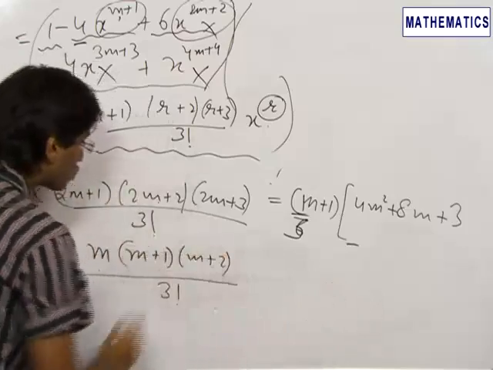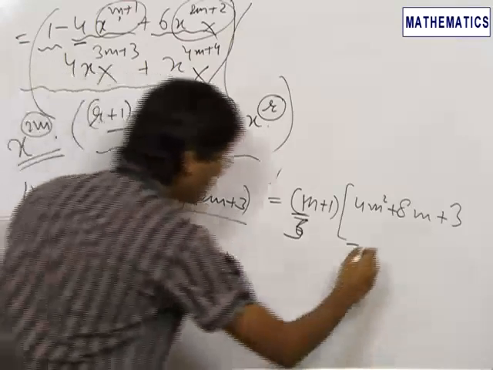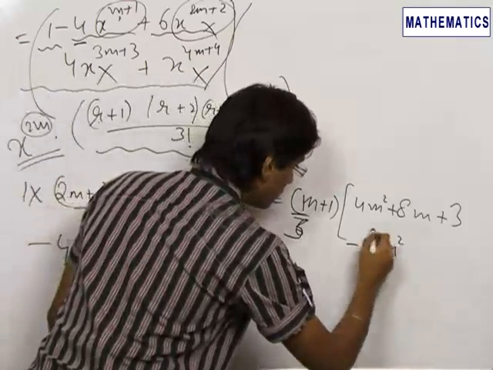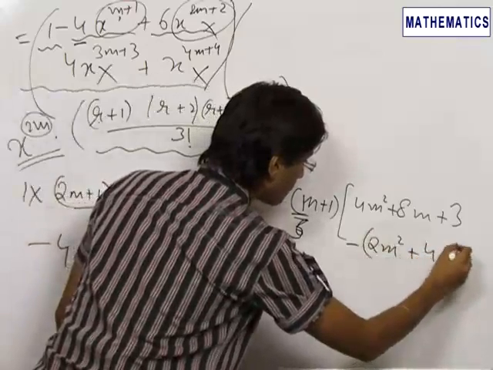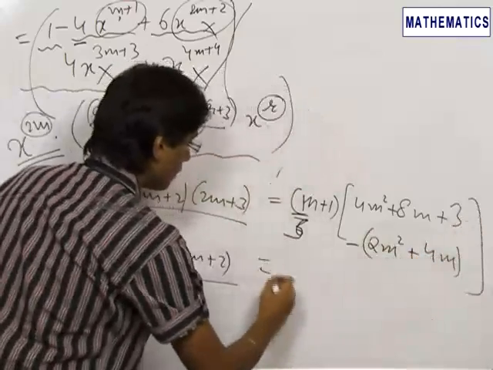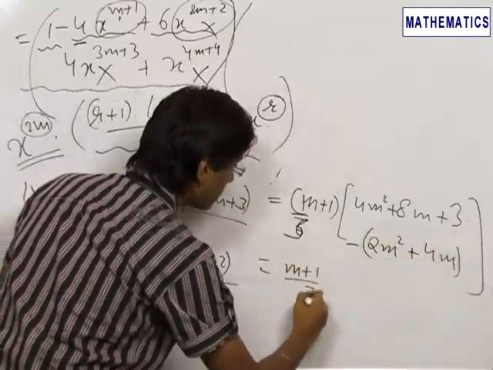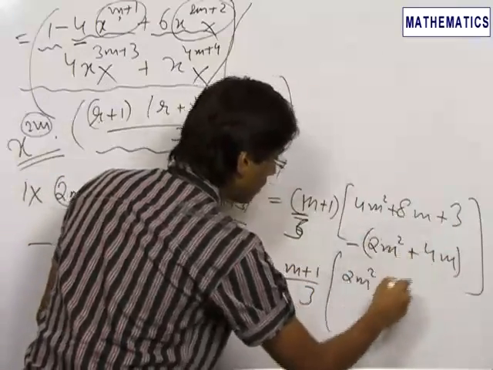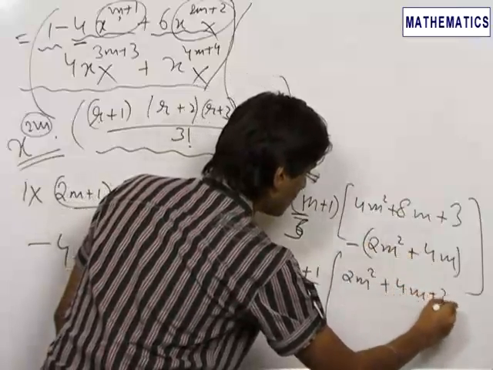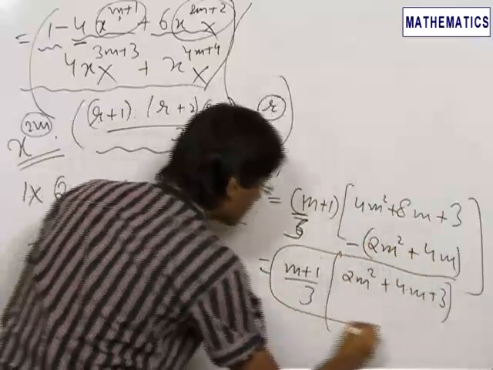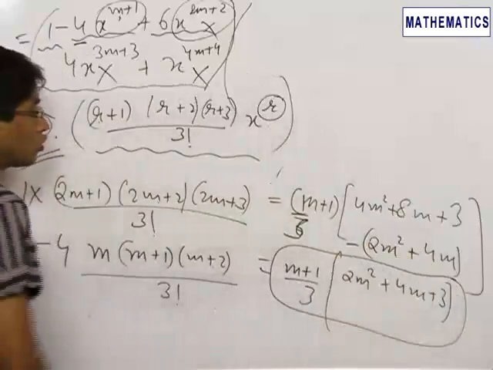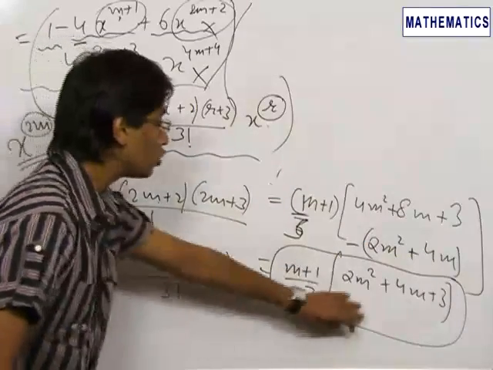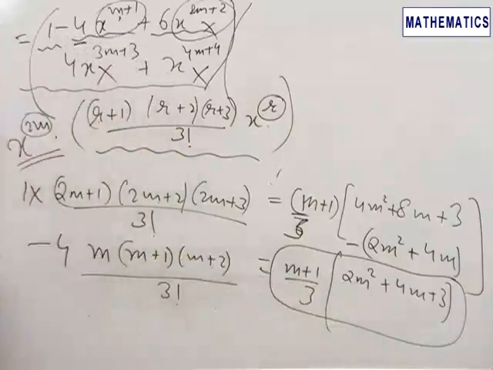This is m squared plus 2m multiplied by 2, that is 2m squared plus 4m]. This is equal to (m plus 1) upon 3 into (2m squared plus 4m plus 3), and hence our final answer comes out to be equal to (m plus 1) upon 3 into (2m squared plus 4m plus 3).